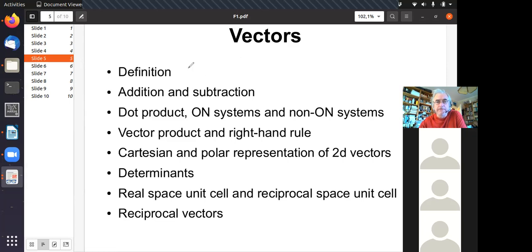Depending on who you ask, a vector is a set of quantities defined in a vector space, a mathematician would say. I hope none of you are mathematicians, or, well, that is of course a good background for crystallography. But if you are, then please be a little bit forgiving with our handling of the nomenclature.